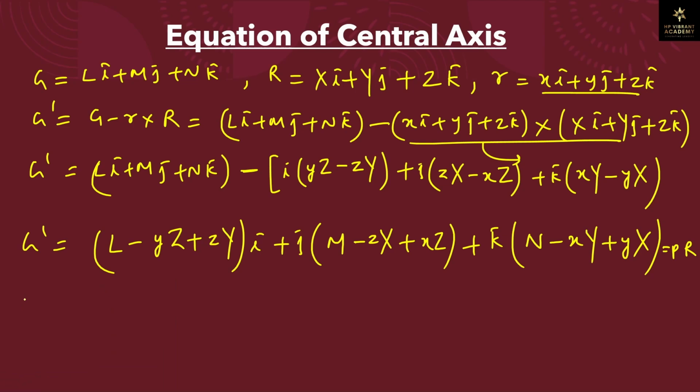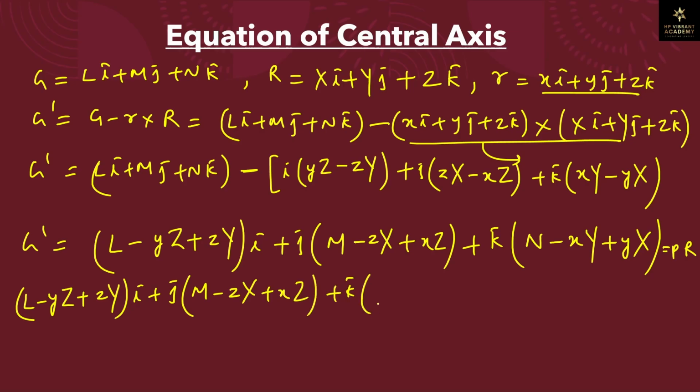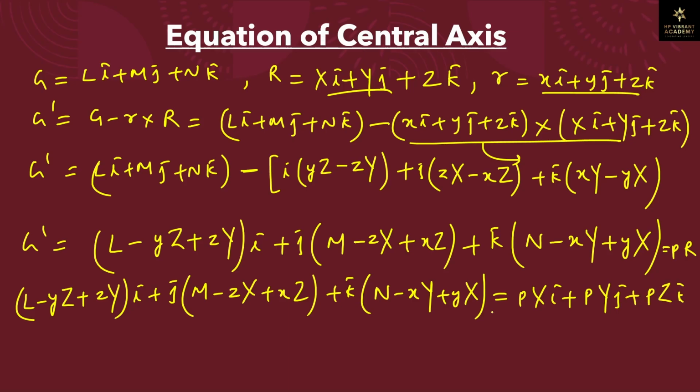We have (L minus y capital Z plus z capital Y) i cap plus (M minus z capital X plus x capital Z) j cap plus (N minus x capital Y plus y capital X) k cap equal to pitch times R. We can write this as p times capital X i cap plus p times capital Y j cap plus p times capital Z k cap.